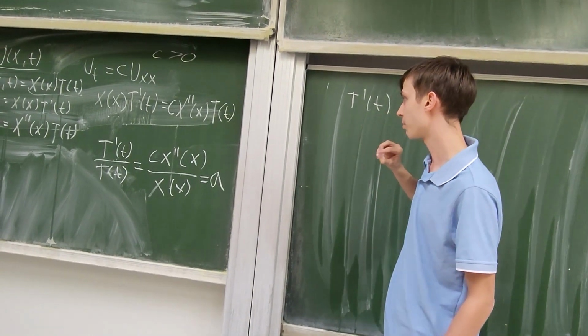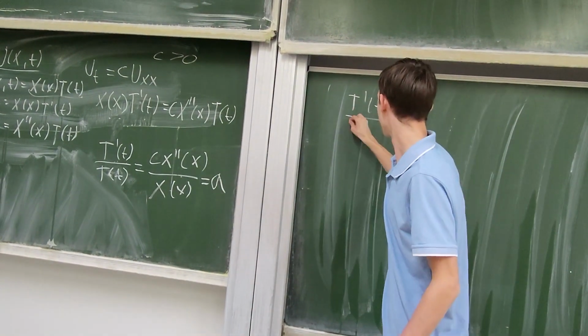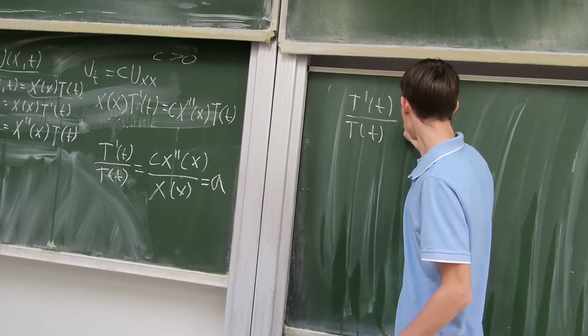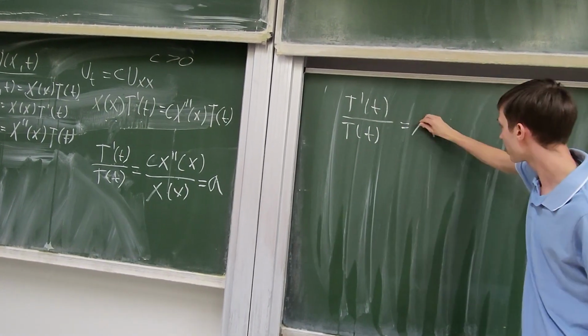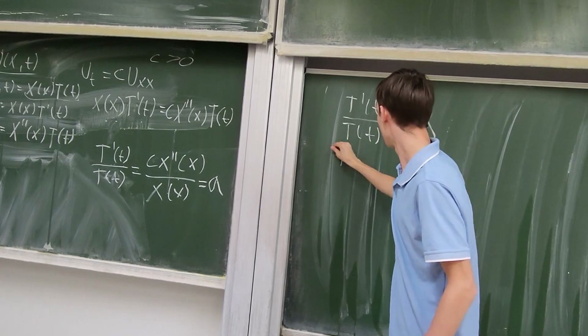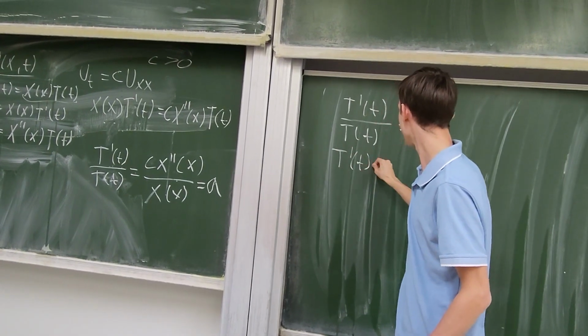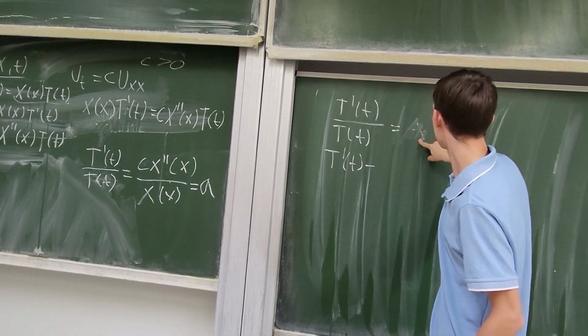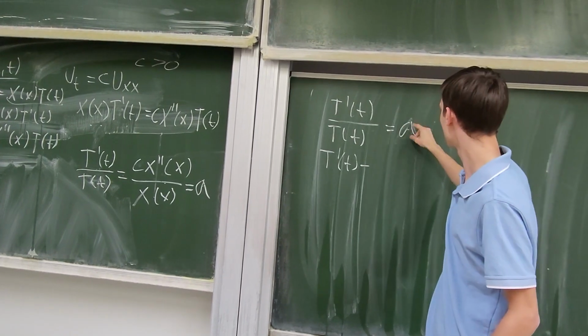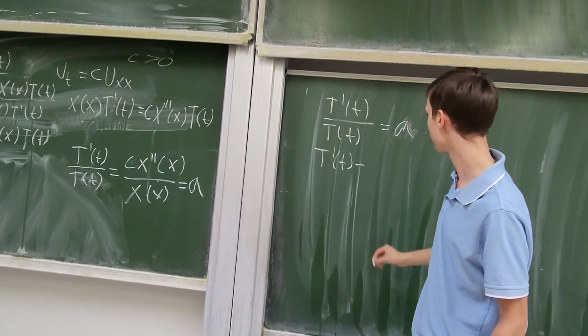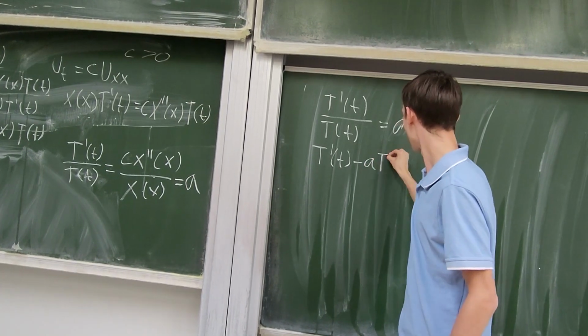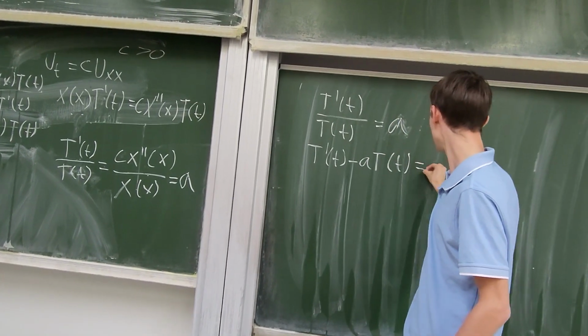But first I will do T prime of t over T of t equals a. And by algebraic manipulation, T prime of t minus a T of t equals 0. The a was lowercase, it doesn't really matter, I just chose it so it doesn't confuse things, it's still the same a that I need here.